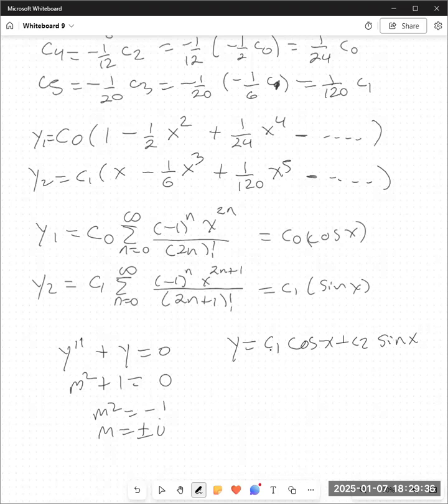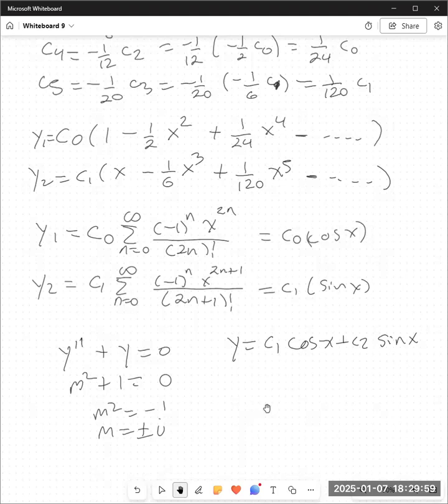So my power series solution agrees with what I got from my method in chapter 4, with case 1, case 2, and case 3 for homogeneous linear differential equations with constant coefficients.